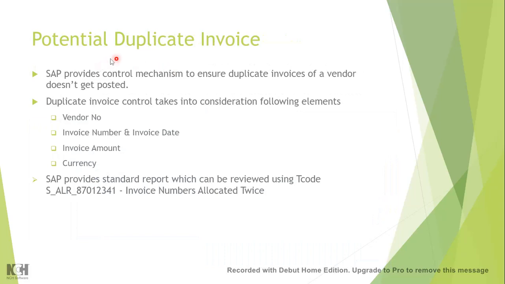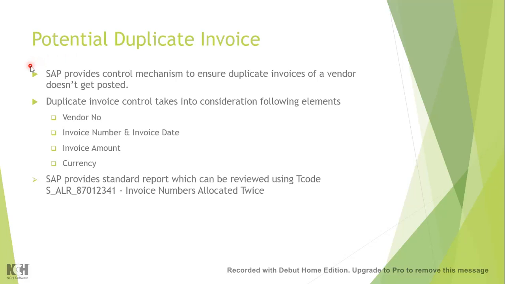So now let's talk about potential duplicate invoices. It's very important from an audit perspective that we check whether the system has control on duplicate invoice posting or not, and whether duplicate invoices have been posted in the system.